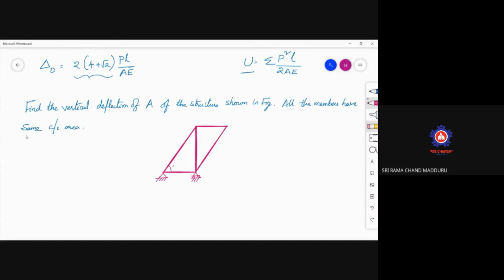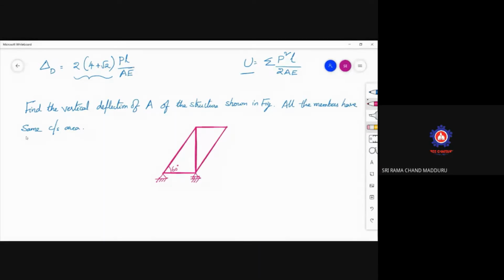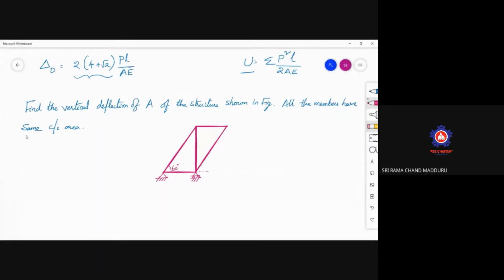This is making an angle of 60 degrees here, and 60 degrees here. This is support C, support D. This is B. This is A.